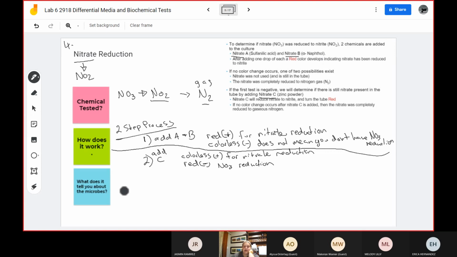So what does this tell us about the microbe? This tells us if the microbe can utilize a nitrate as an electron acceptor.